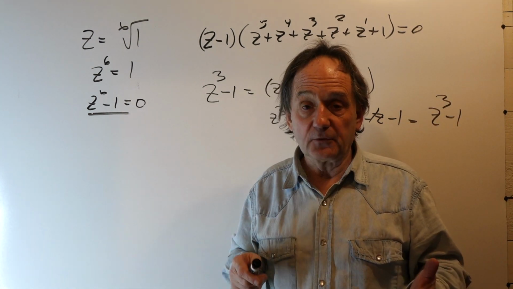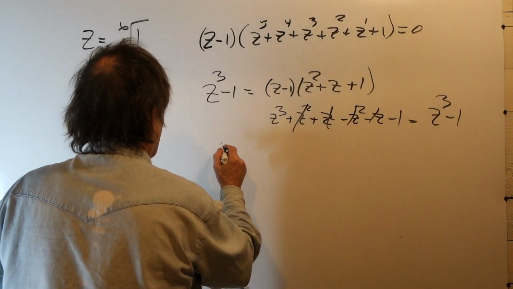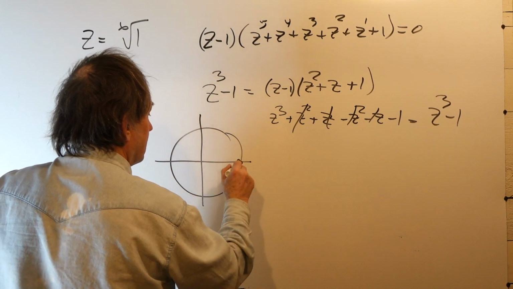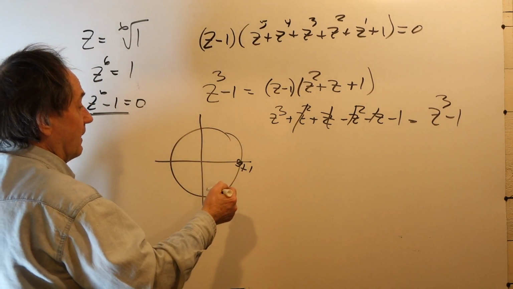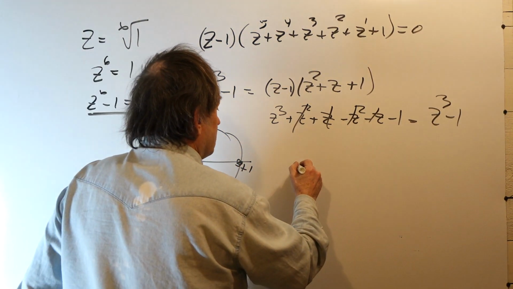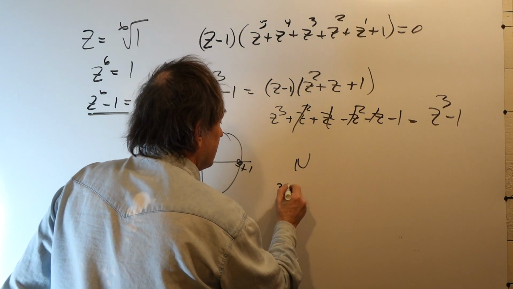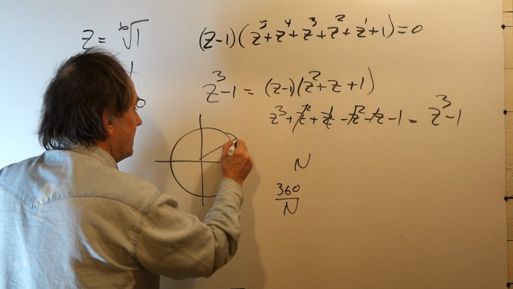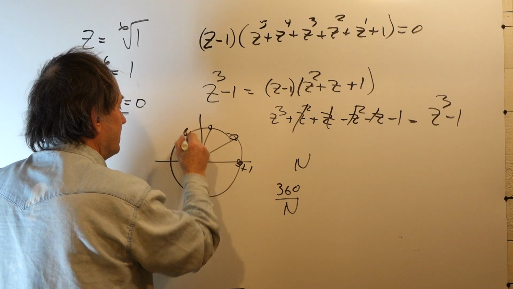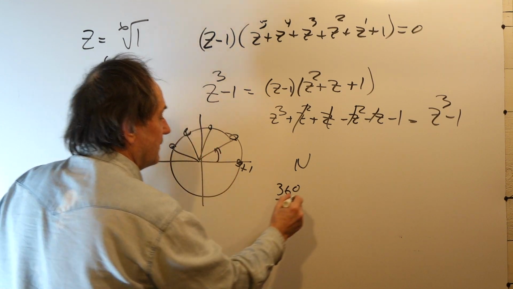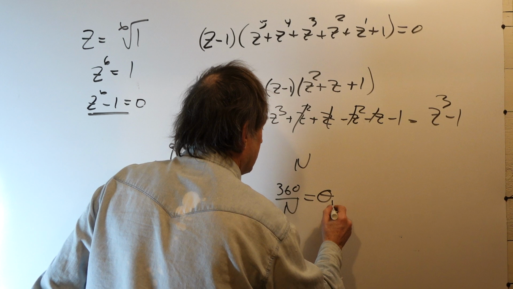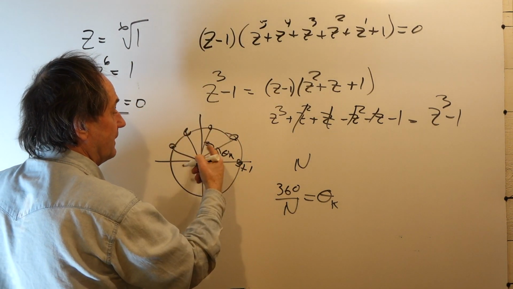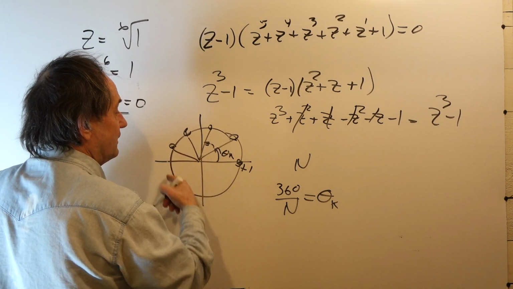And the way you determine those roots is you start at plus 1 in the complex plane, and if you want to find n roots, you take 360 divided by n to get the spacing between the roots, and then you just go around the unit circle, spacing the roots by, say, this theta k. Each root will be spaced from the previous root by the same amount. You go all the way around.